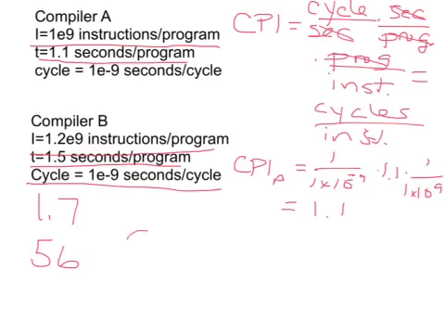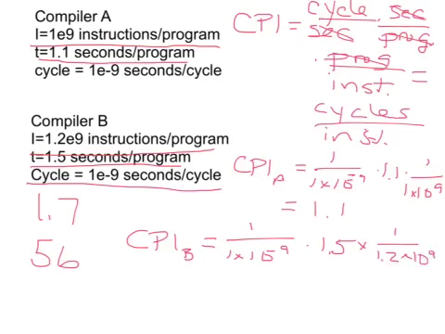For B, the CPI would be 1, the inverse of the cycle time, 1 times 10 to the minus 9, times the execution time times the inverse of the instruction count. And that equals 1.25.